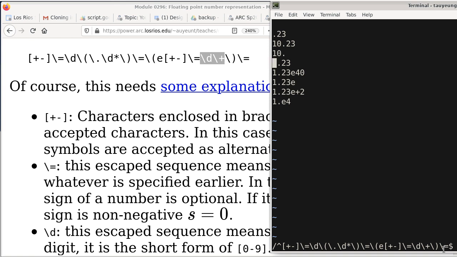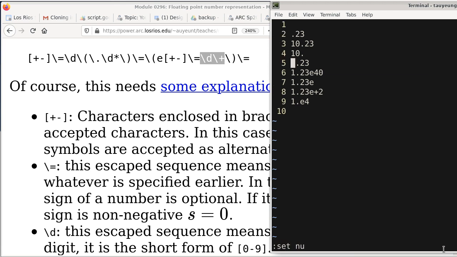So now the first match, okay, I didn't look at the beginning here. Do you see how it went to, okay, let me turn on line numbers. It skipped lines 1 to 4 because none of those match. And then line 5 is the first number that matches, 1.23. The next match is the next line, which is okay because I just specified an exponent component, which is optional.